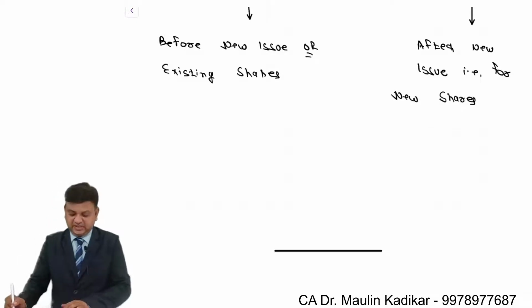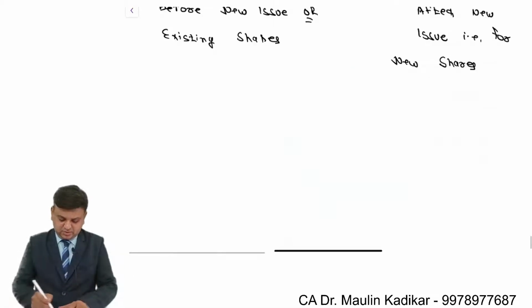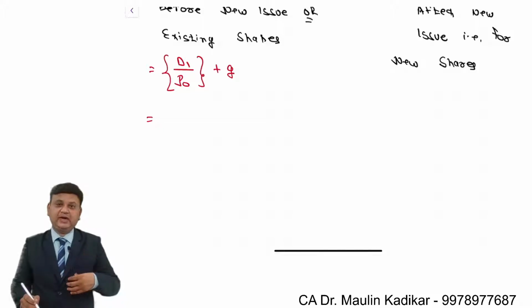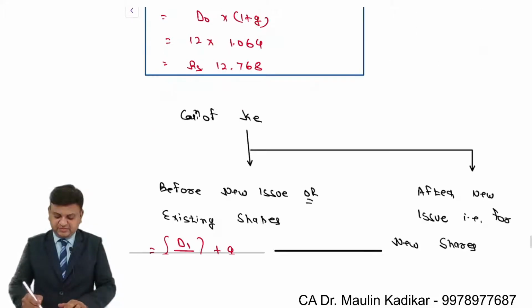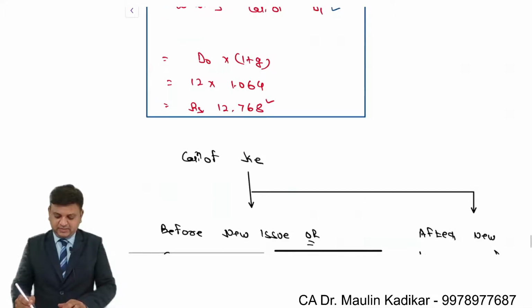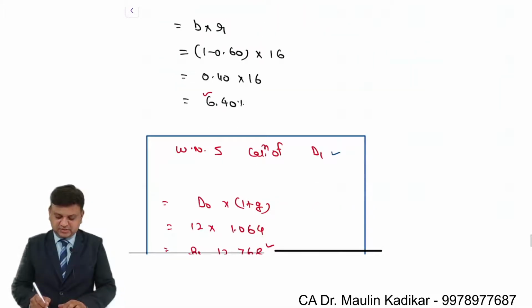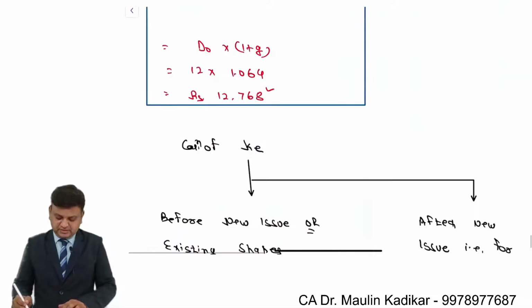Let us understand how to do the answer. Over here it is D1 divided by P0 plus growth rate. D1 as we have calculated over here is 12.768, P0 is 125 rupees and the growth rate is 6.4%. These values are supposed to be used for doing the answer.